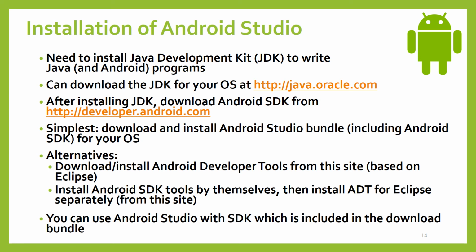You can download and install the JDK from http://java.oracle.com. Once you get your JDK installed, you can download the Android SDK from http://developer.android.com. That is the simplest one, and I've given you this link. Please make use of it, and you can install the entire Android Studio bundle.